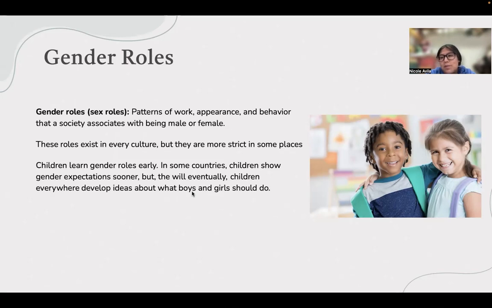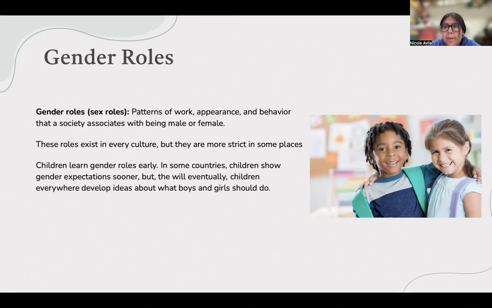In many countries, mostly in Asia and Latino cultures, family members try to show the child how to respect the elderly and to obey them.